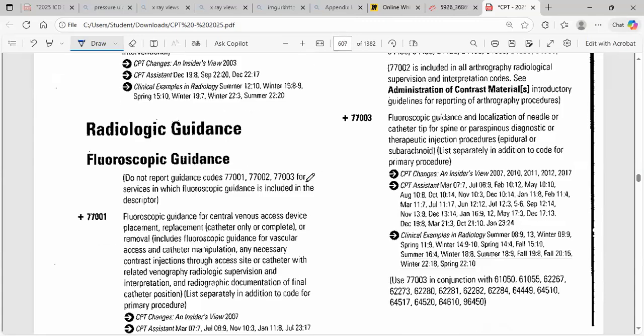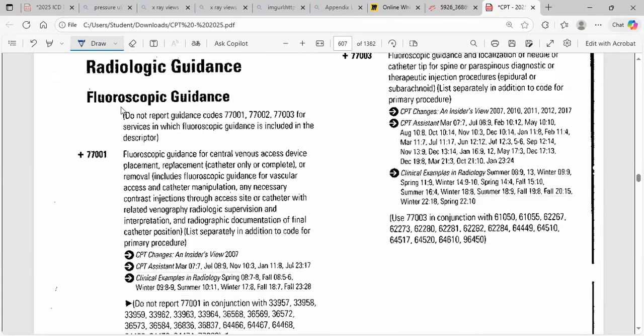These are the fluoroscopy guidance codes. You have to remember, if the primary code descriptor includes the fluoroscopy guidance, then you don't need to bill this separately. If it does not include it, then we have to bill that separately.